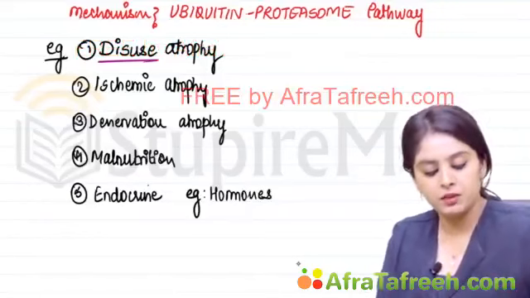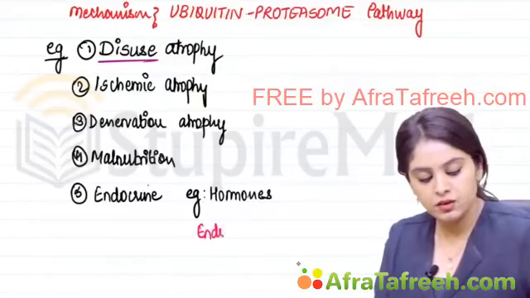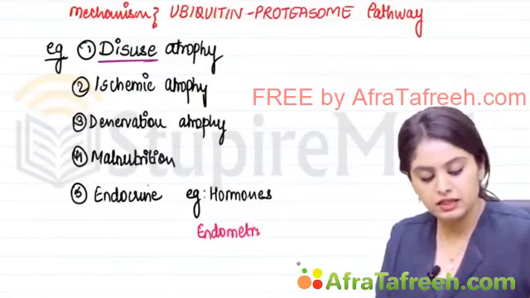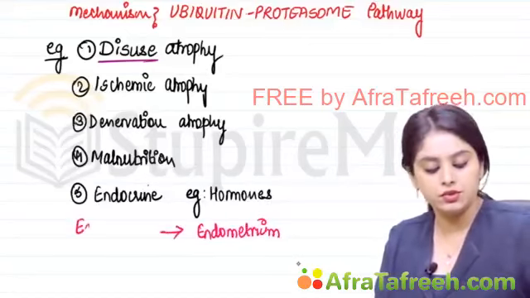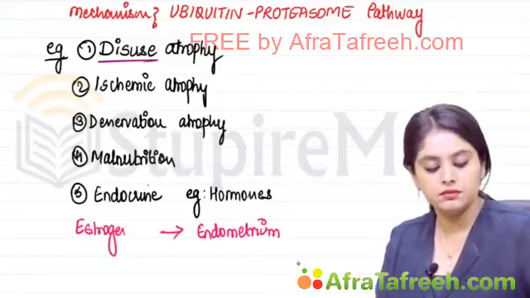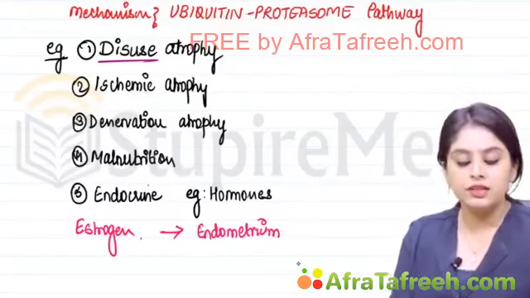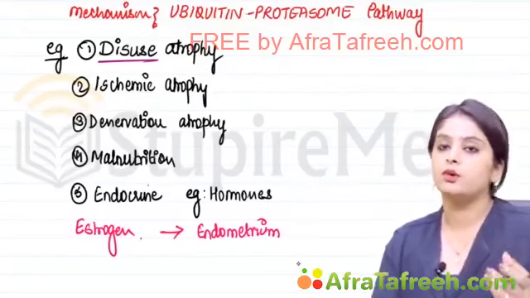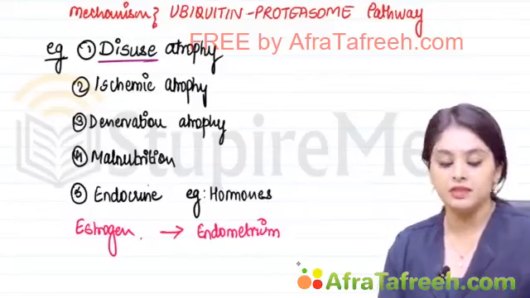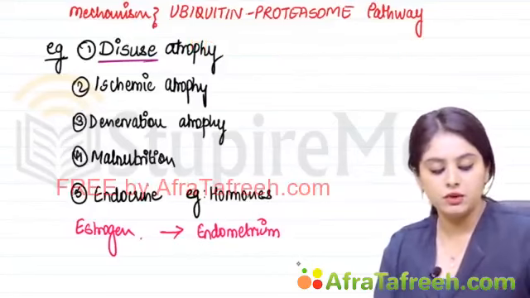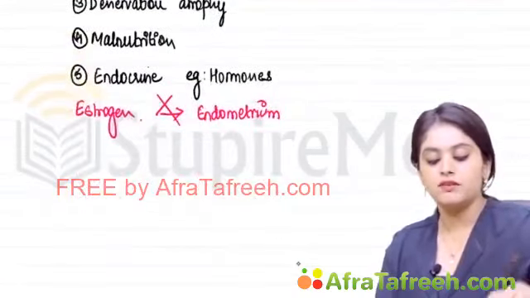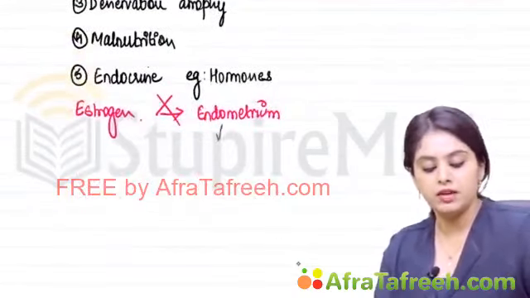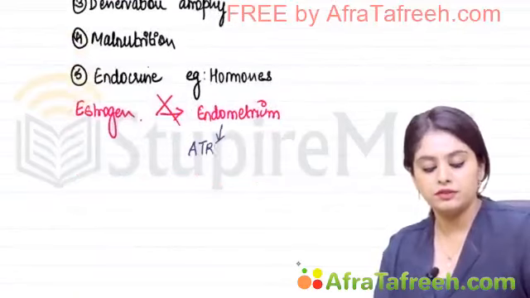Best example, we just discussed endometrium is functioning under the response of which hormone? Correct, estrogen. So estrogen is going to be responsible for the growth of the endometrium. But if estrogen withdrawal happens, what will happen to the endometrium? There will be endometrial atrophy.